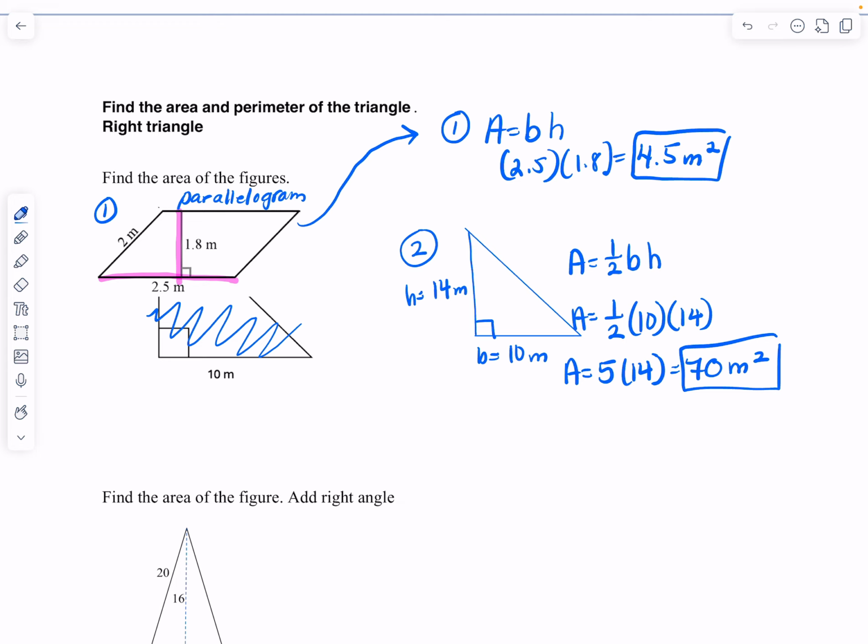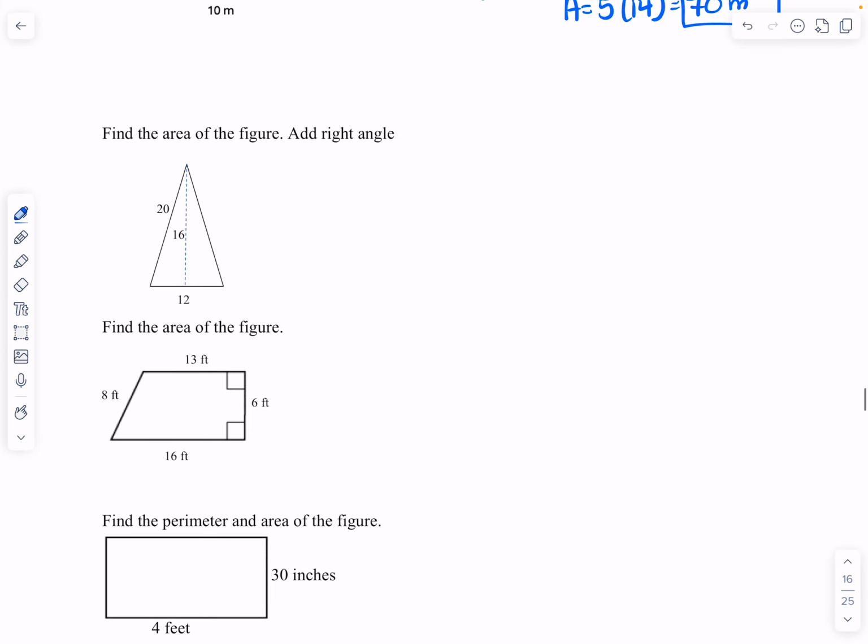Okay. All right, let's look at the next one. Find the area of the figure. Well, it's a triangle at a right angle. Okay, we can do that. So the area of a triangle is 1/2 base times height. The base is 12.